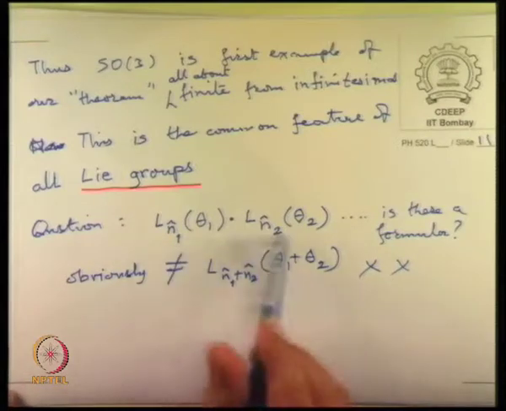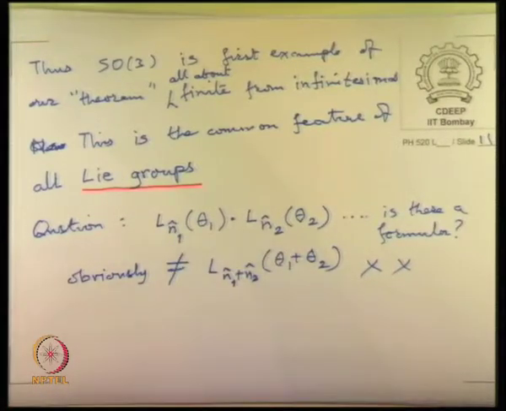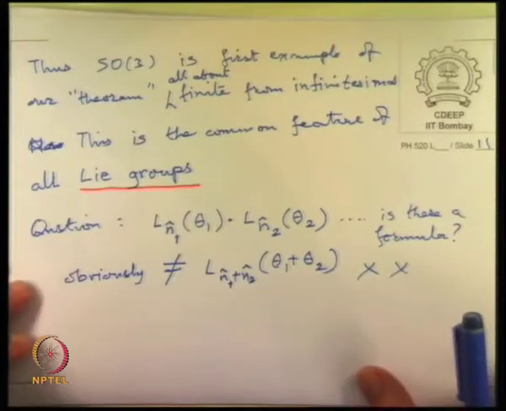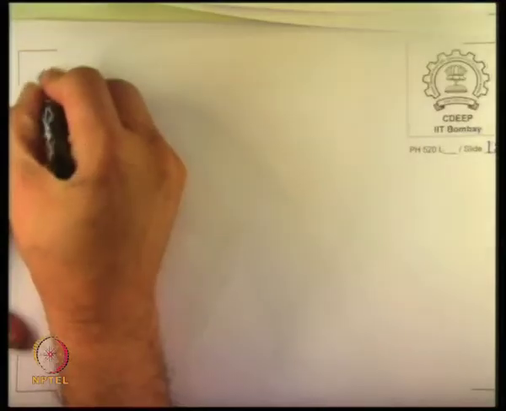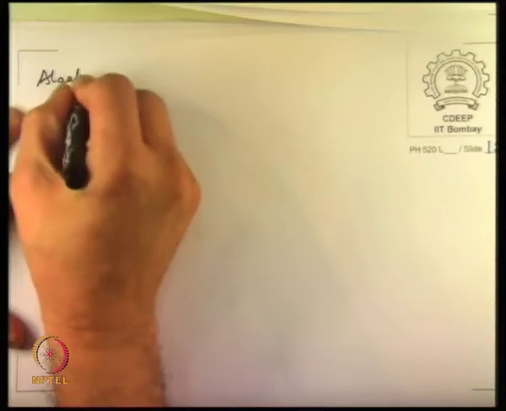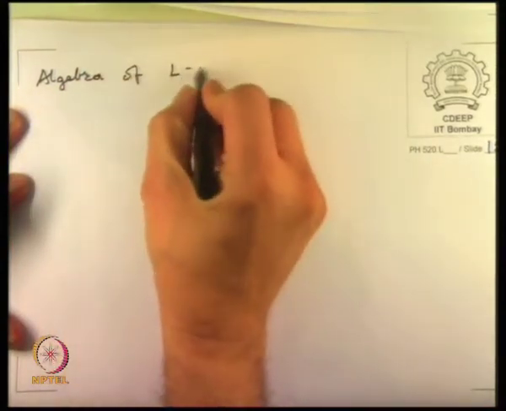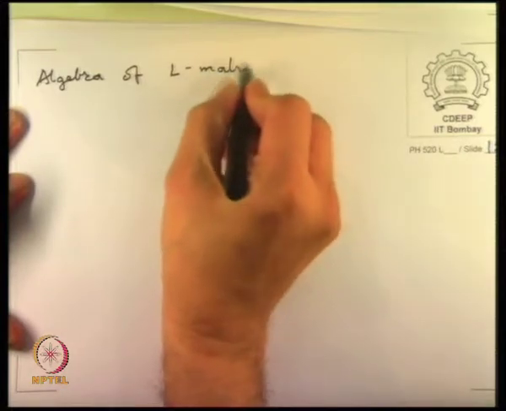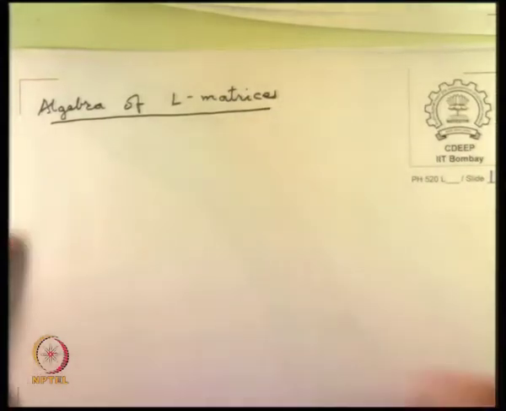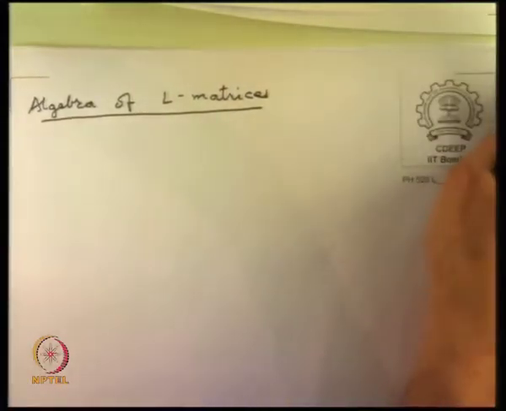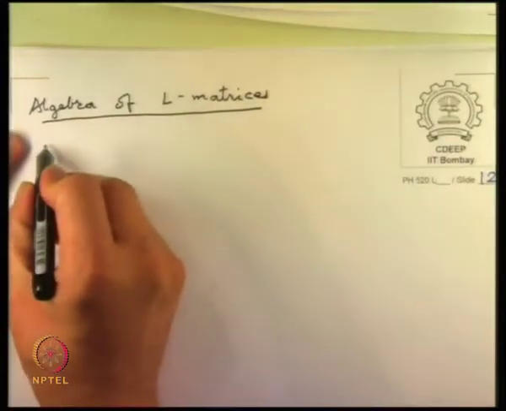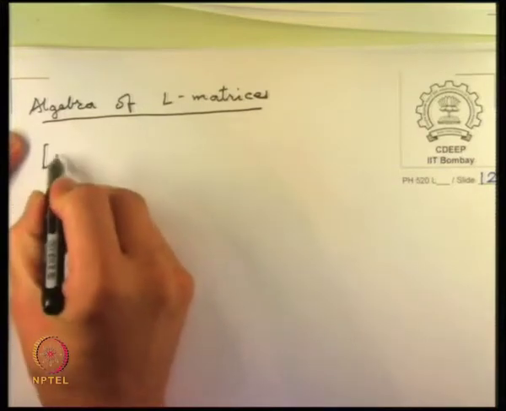There is this question of what happens if you multiply like this, and the answer has to do with a particular property of the L matrices. So we check what happens if we take these commutators.